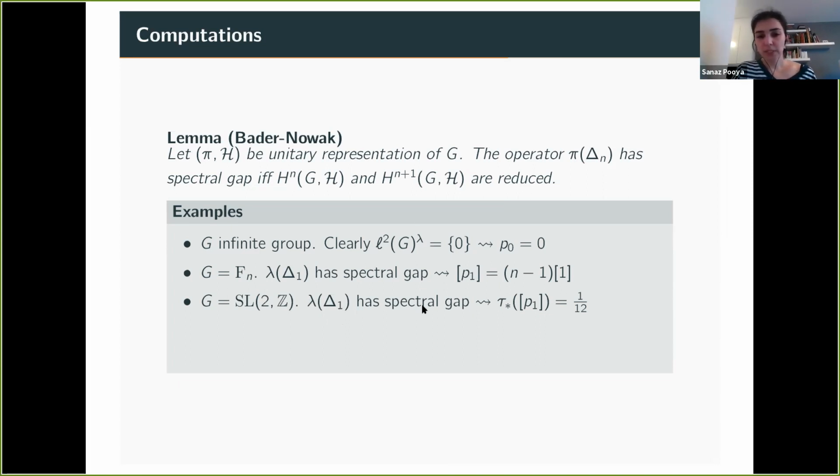But here, the first L²-Betti number of SL2Z is 1/12, which then tells us that the value that the trace would attain on this projection is 1/12. And we know further that the K-theory of the reduced C star algebra of SL2Z is Z^28. So this tells us that actually this projection is not a multiple of the identity.